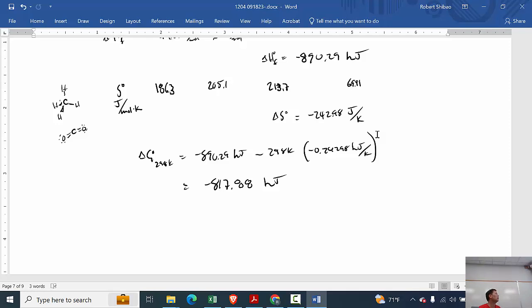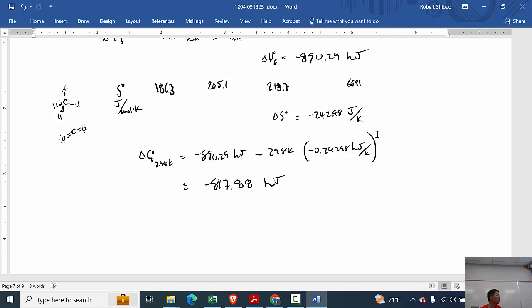Yeah. Okay. This is the maximum amount of energy that you can use to do non-PV work. PV work is already compensated for in delta H, as you recall. Delta H factors in PV work.